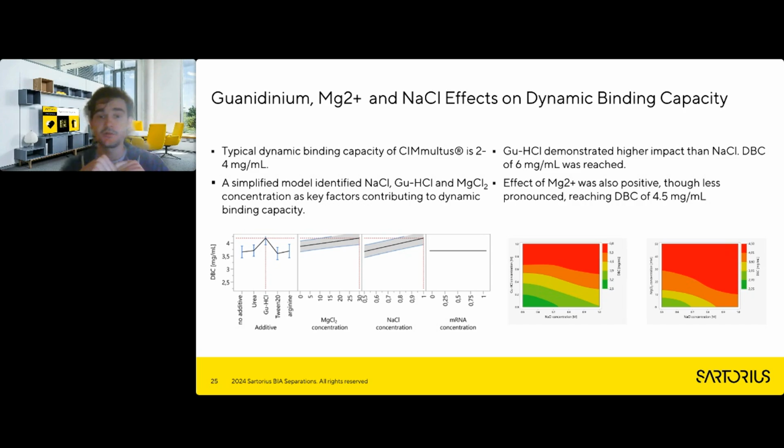As a salt, guanidinium hydrochloride demonstrated higher impact than sodium chloride, and with it we reached a binding capacity of 6 milligrams per milliliter. We also saw a positive effect of magnesium, but it had less of an impact than guanidinium hydrochloride, and we reached 4.5 milligrams per milliliter.